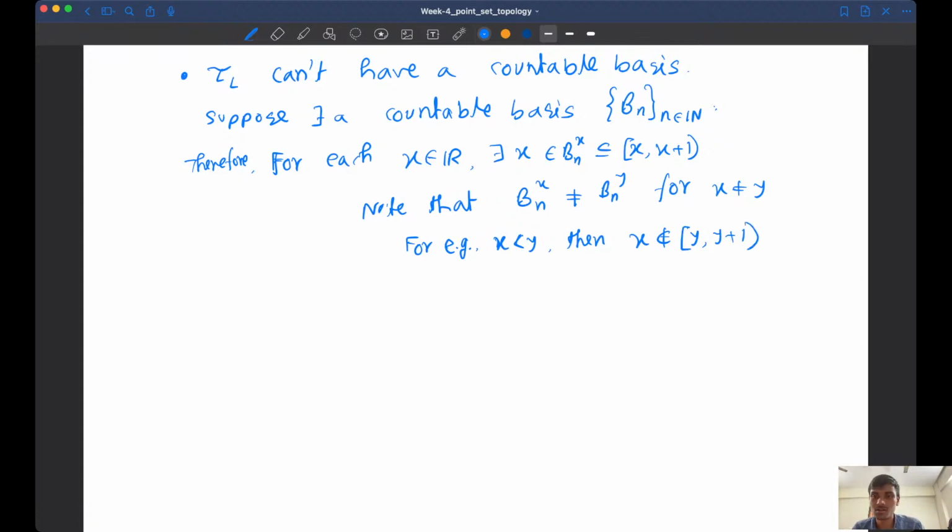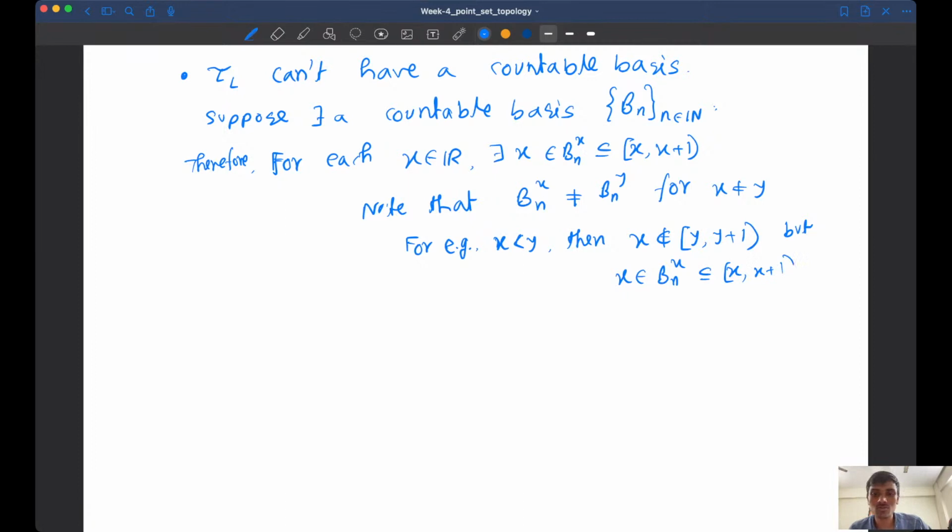But x belongs to B_{n_x}, and that is contained in [x, x+1).